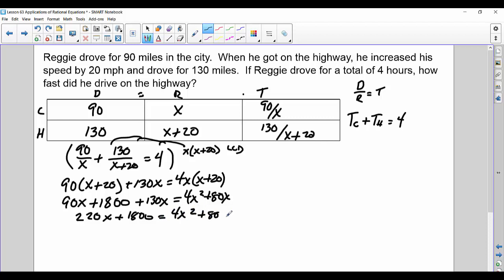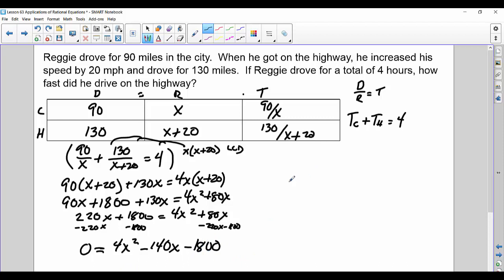I'm going to subtract 220x from this side and 1800. Leaving me with 0 equals 4x squared. What is that? That's minus 140x. Minus 1800. Looks pretty big.